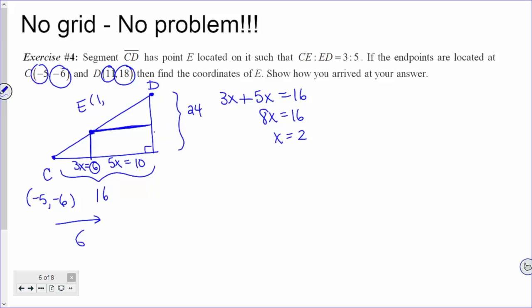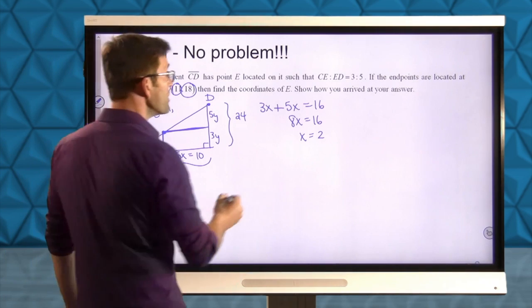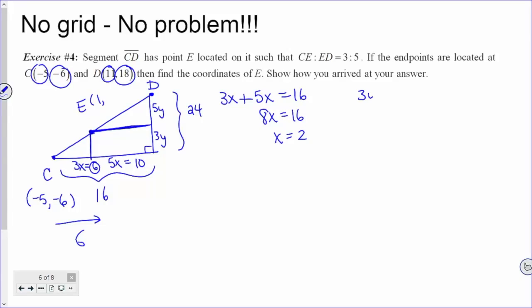I'm going to use y. So I'm going to say 3y and 5y. Okay? And then I'm going to do the same kind of idea. I'm going to say 3y plus 5y is equal to 24. That's going to give me 8y is equal to 24, and y is equal to 3. All right, that allows me to now say that this is 9, and this is 15.